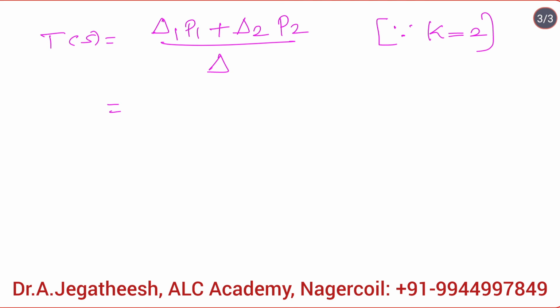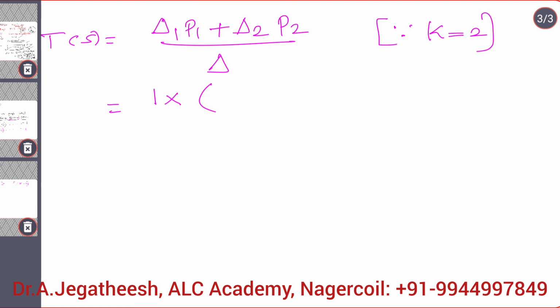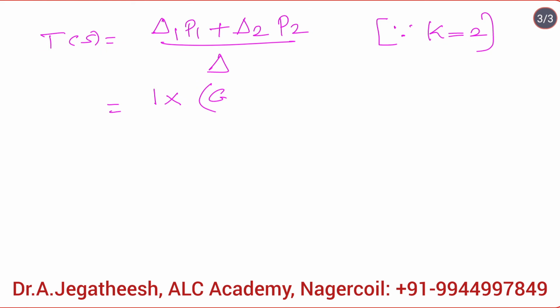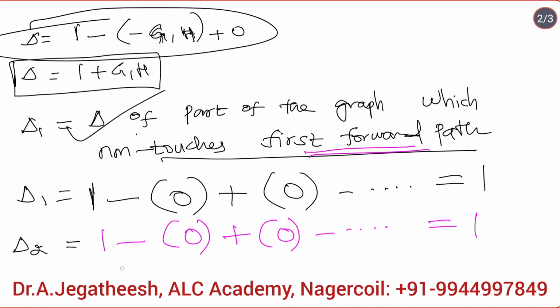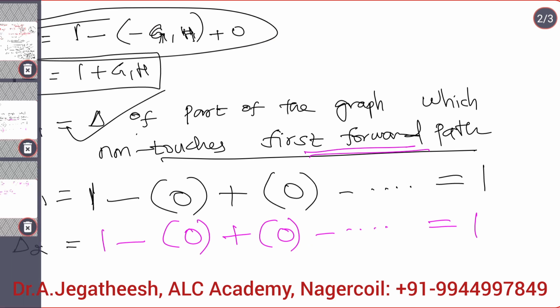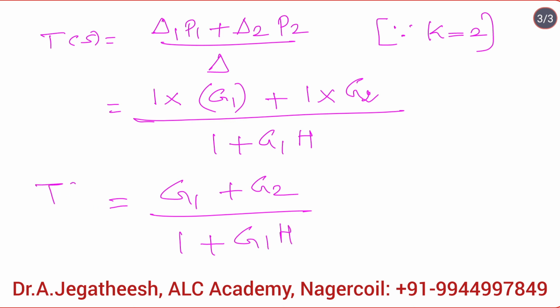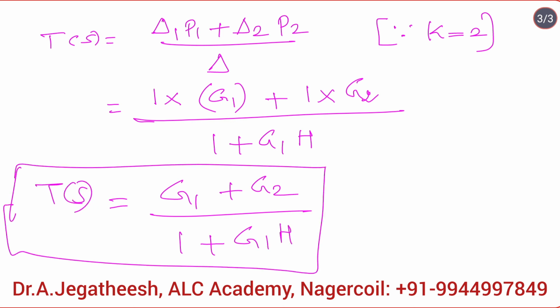Now you can substitute: delta 1 is 1, P1 is G1, plus delta 2 is also 1, P2 is G2. The whole divided by delta, which we already found: delta is 1 plus G1H. You will get (G1 plus G2) divided by (1 plus G1H) as the final answer. That is the transfer function.